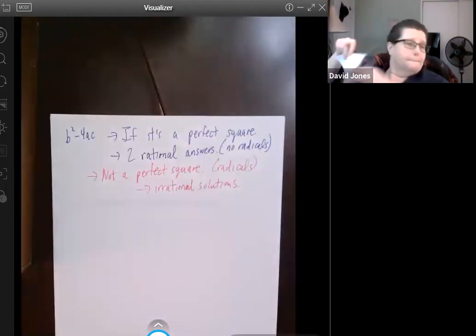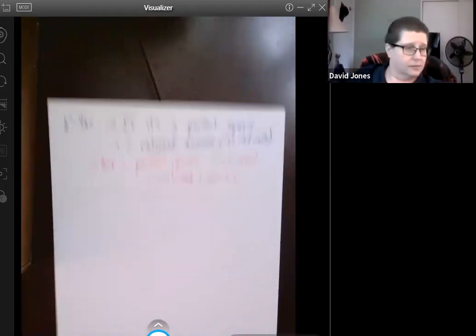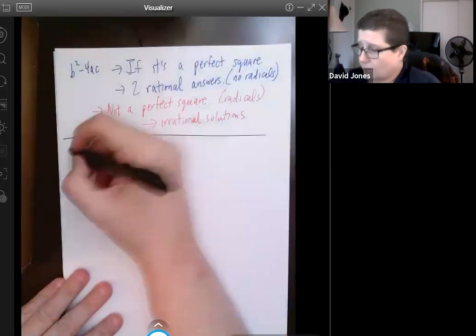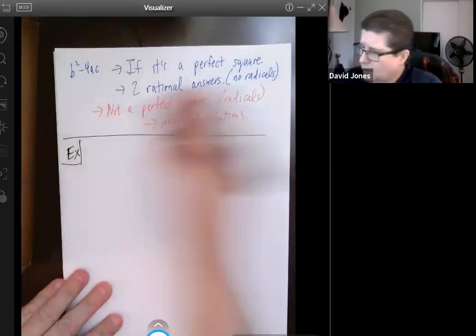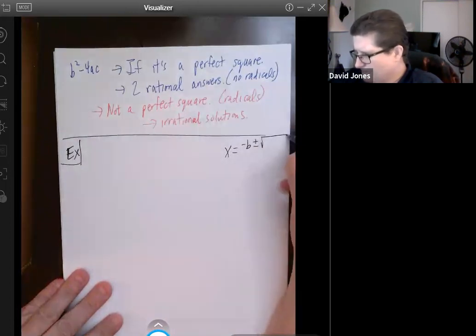All right. So let's see how this works. Example. And I'm going to rewrite the formula on this page because I'm fairly sure not everyone's got it memorized.